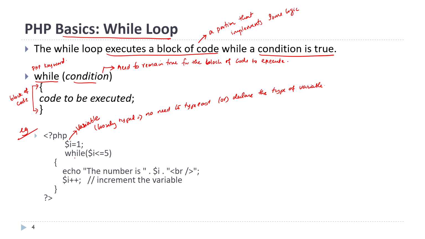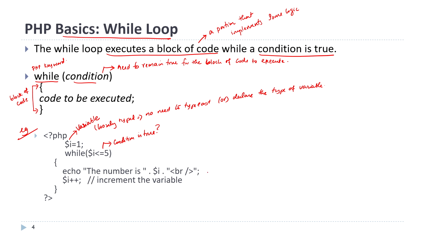Then you say while $i is less than or equal to 5. It checks whether $i is less than or equal to 5, yes, the condition is true. If that is true, then print the value. So it does echo the number is $i.